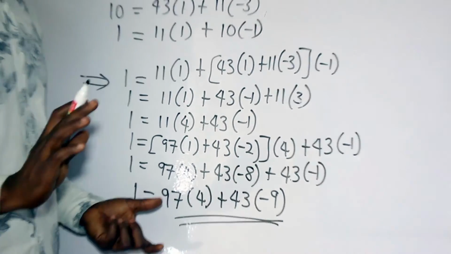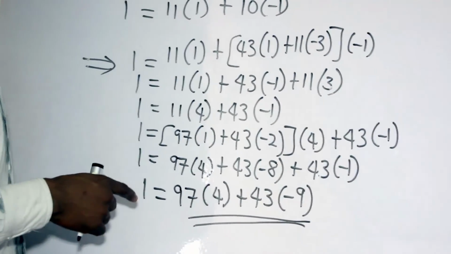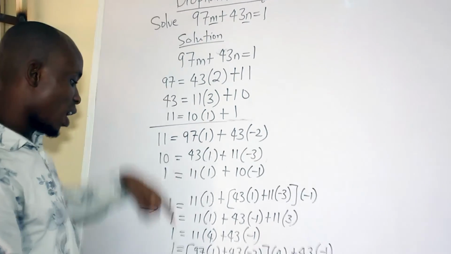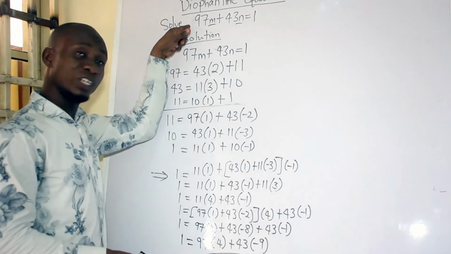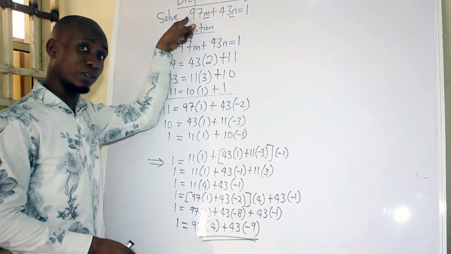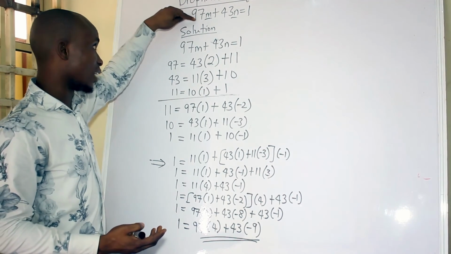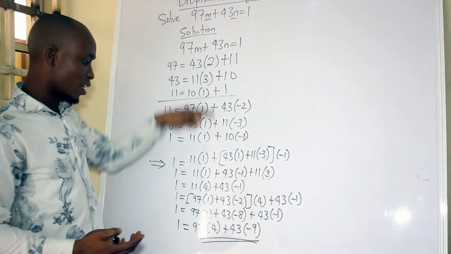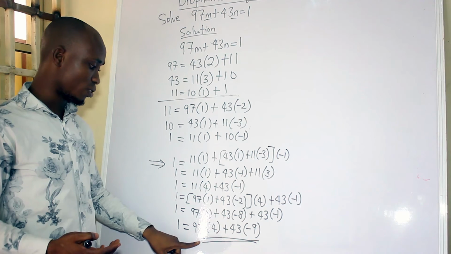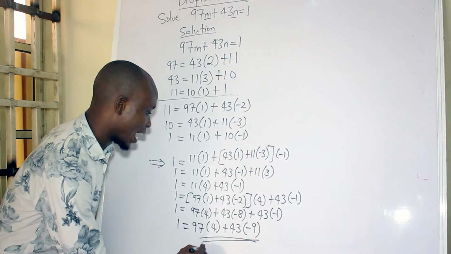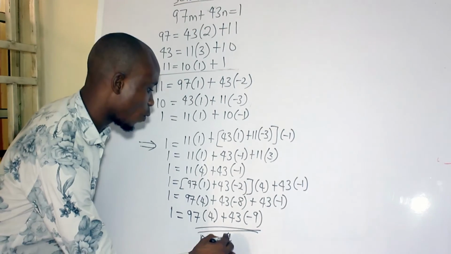Now looking at this, if you look at what we have originally, we can see that we have arrived at our original Diophantine equation. And here, clearly, you know that this is 97m. Looking at our final solution, the coefficient of m is 4, which means that our m is 4.